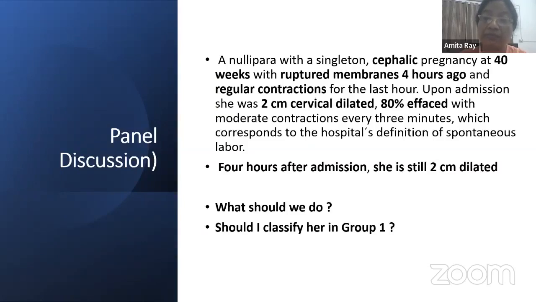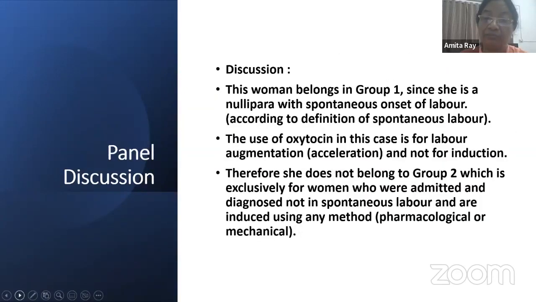You should wait for her to go into at least the active phase. If at all you feel contractions are moderate, you could give her certain things for oxytocin, but I would advise that intervention should be as less as possible.